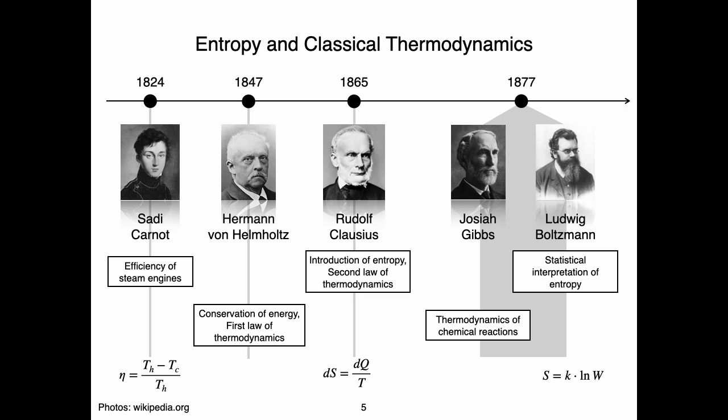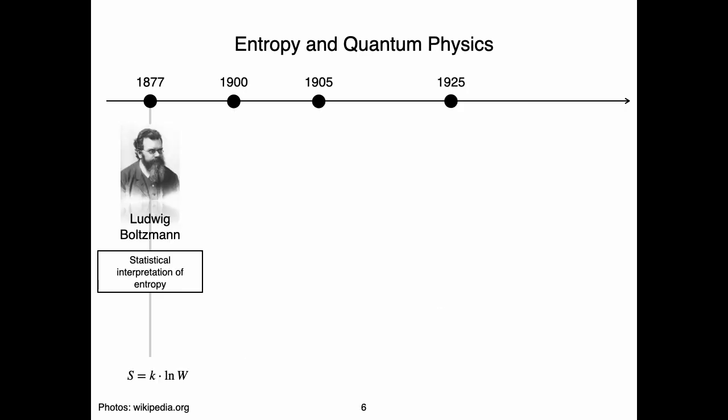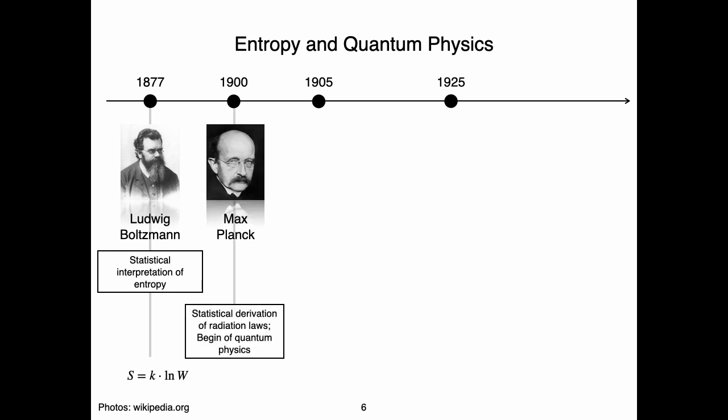And this statistical interpretation was really quite a breakthrough, because it took entropy out of the context of classical thermodynamics and put a statistical basis to it, and also talks about chunks of energy being distributed over chunks of objects. This was picked up by Max Planck at the turn of the century. He applied this concept to radiation laws and was able to derive these radiation laws.